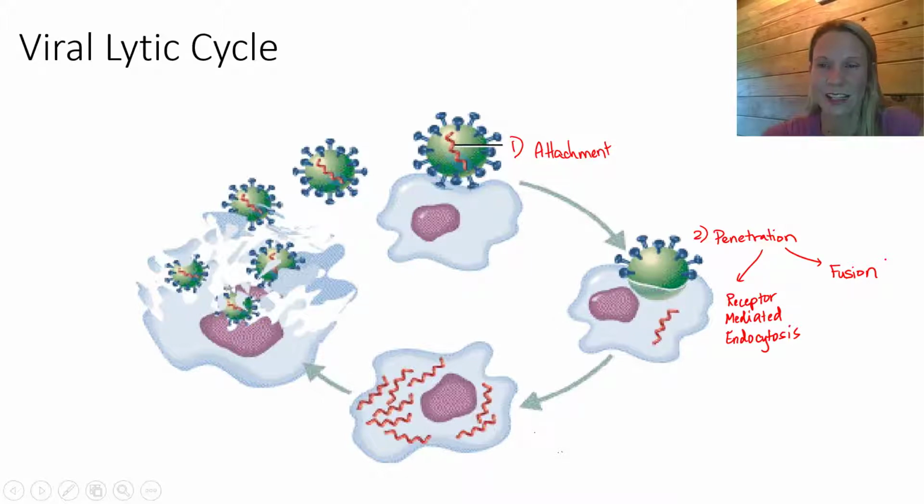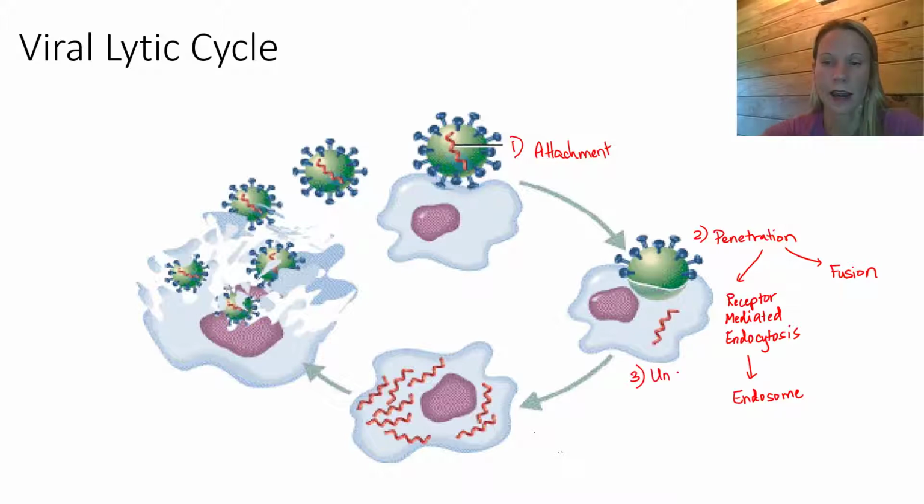The next stage is once the virus gets inside. Let's say it's engulfed in endocytosis, and remember that involves the formation of an endosome. Then the viral RNA is released into the cytoplasm of the cell. And that involves uncoating.